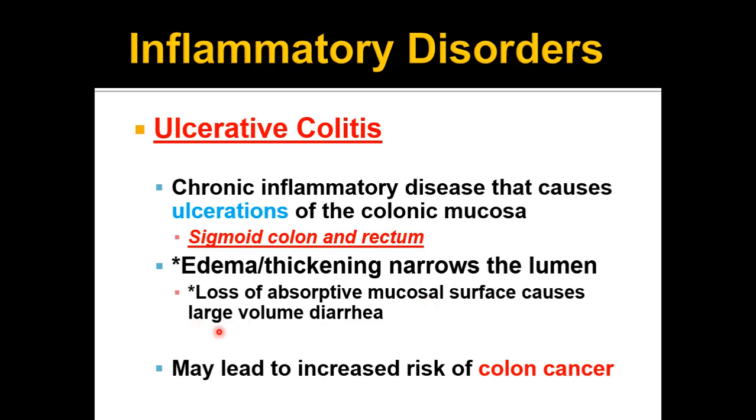What results from this is large volume diarrhea, because we're not reabsorbing that water from the fecal material that's in the large intestine at this point. Ulcerative colitis does, in fact, increase the risk of somebody developing colon cancer later on in their lives because of this chronic inflammation causing cellular stress and cellular damage, plus the ulcerations and so on.